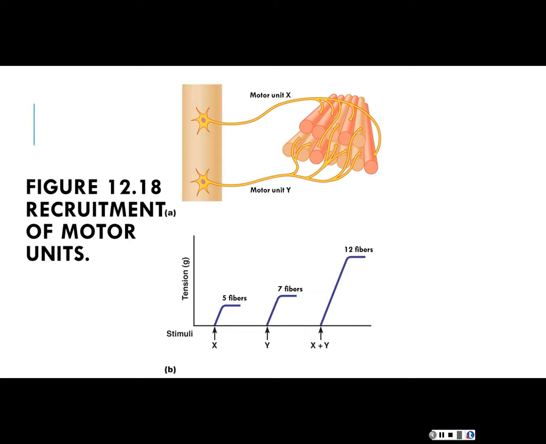So, for example, controlling your eyes, very precise. Controlling your fingertips needs to be very specific, right? So those would be smaller motor units. Fine motor skills.